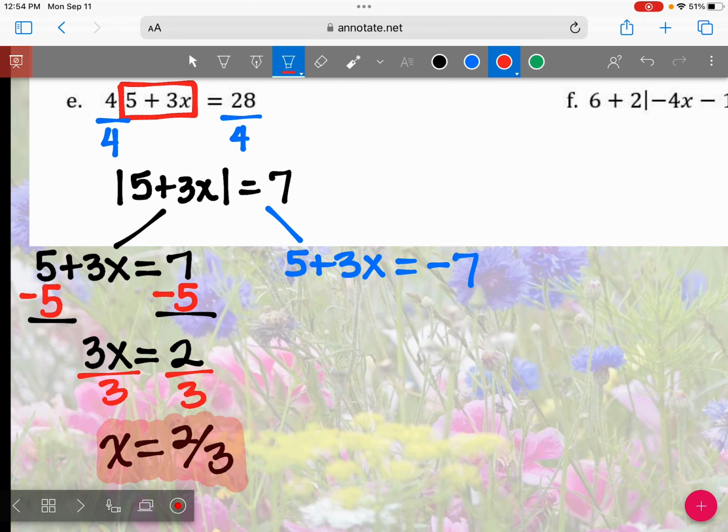Now go ahead and do the same 2 steps to solve the second equation. Subtract 5 and divide by 3. So we subtract the 5.